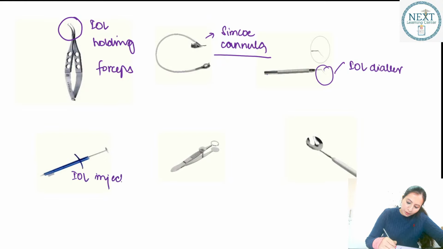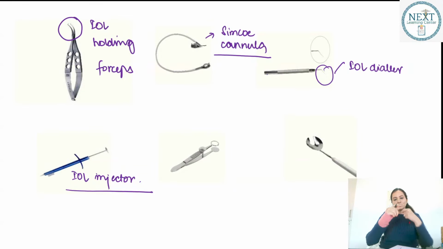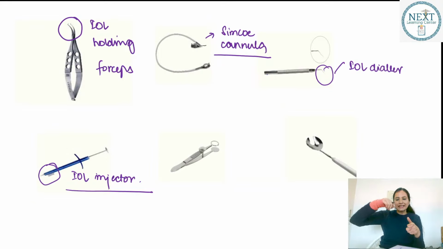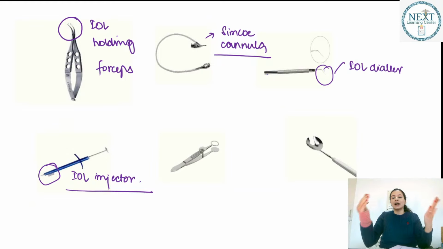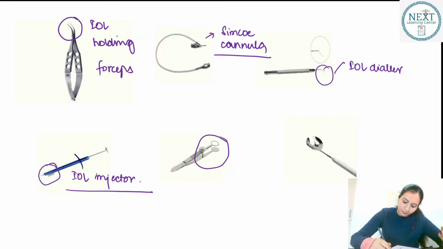When we do phacoemulsification, the size of the incision is very small. So we roll the lens inside this and inject it into the eye of the patient. As soon as you inject it, the IOL will open up inside the eye. This is a Chalazion clamp.